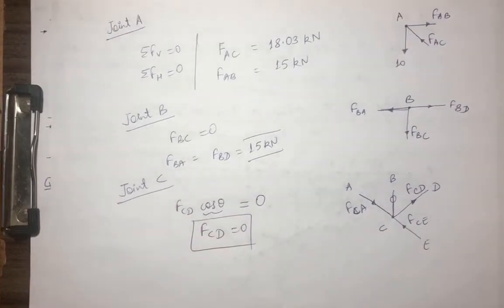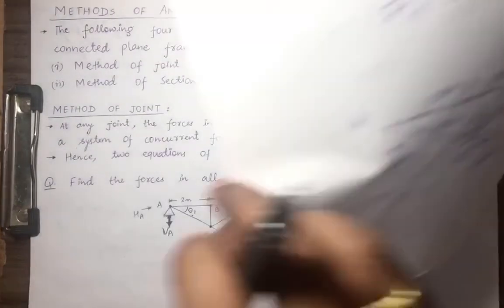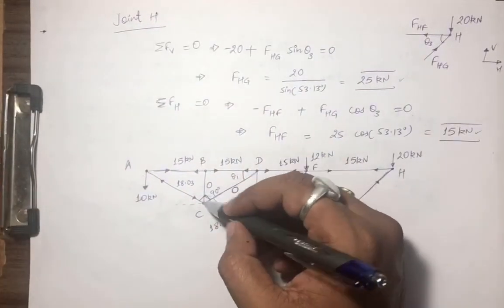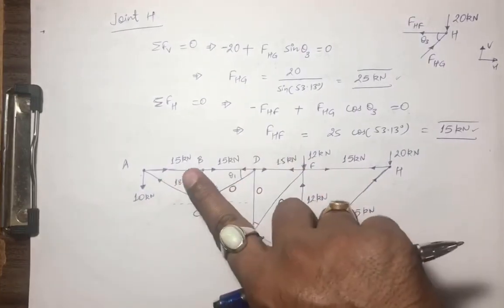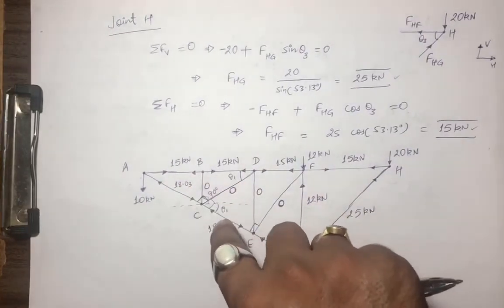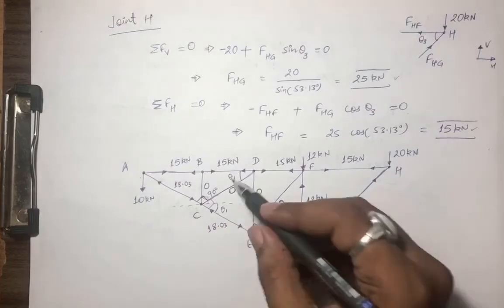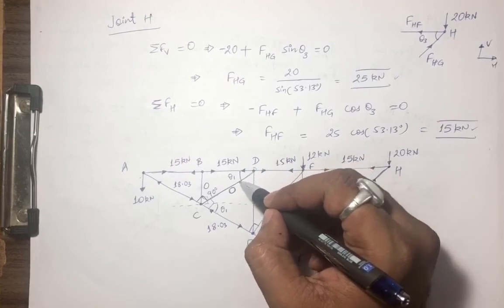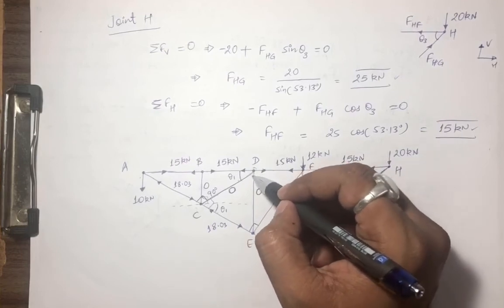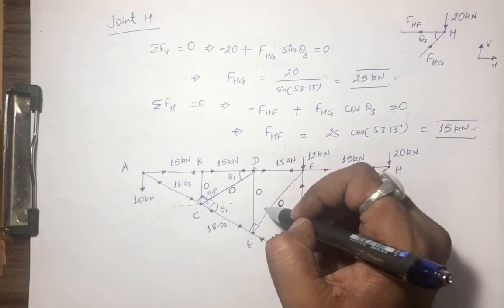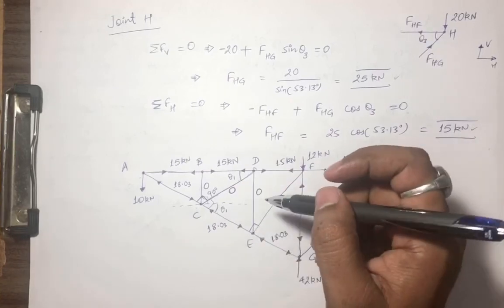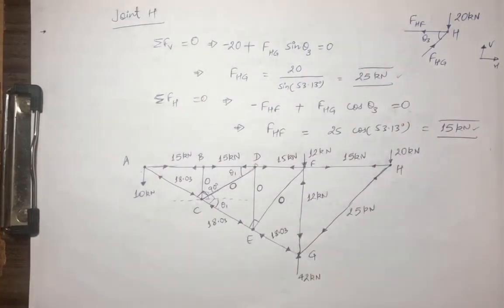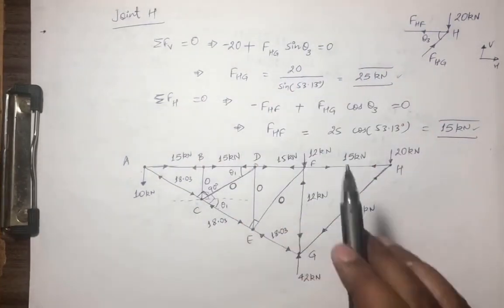This is very, very important. So this was 0, this is 0, and if these two are 0, this will balance this, so it is coming out to be 18.03. This is 0. Now you can solve this again. At this point this is 0, so no component in the vertical direction is there to balance this force, so it is again coming out to be 0. Similarly, joint by joint you can solve this problem, and finally you should get these values in these forces.